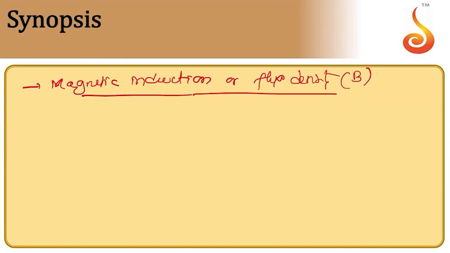So, repeat, the flux density is the total number of lines of force per unit area due to flux density B naught in vacuum. Suppose this is B naught and that due to magnetization of the material. So, B is given by B naught plus Bm.